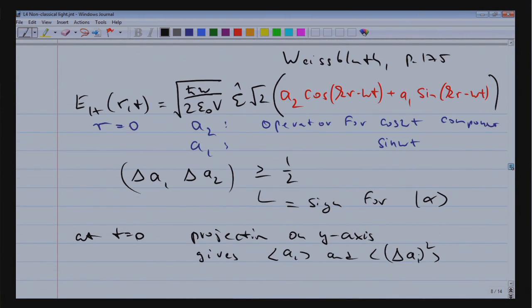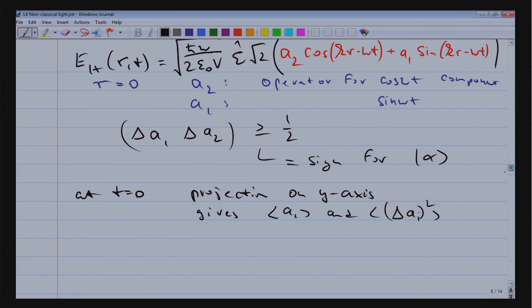Somebody says 2 at t equals 0, yes. Yes.